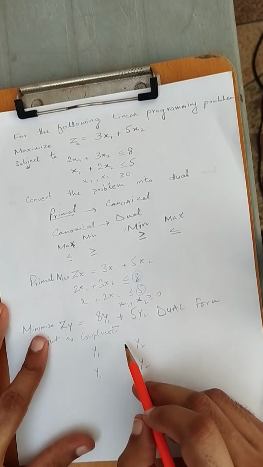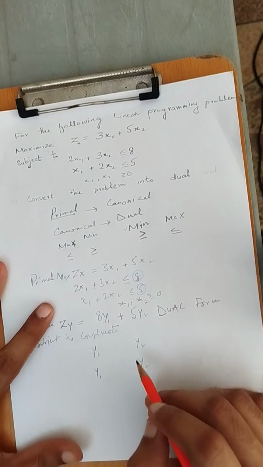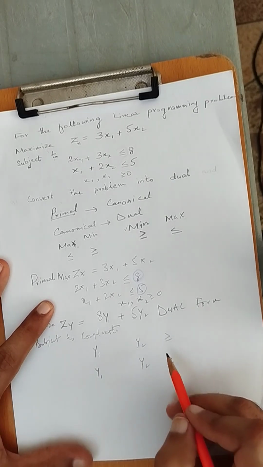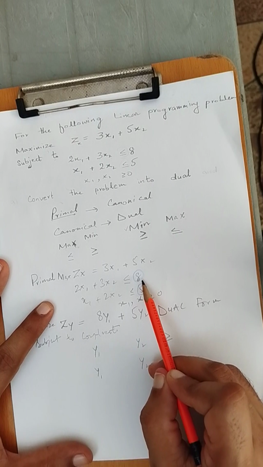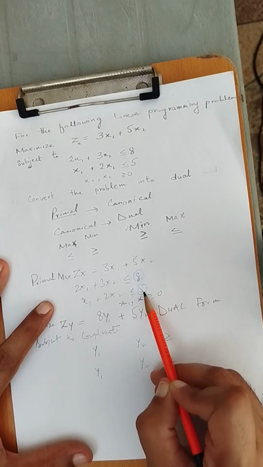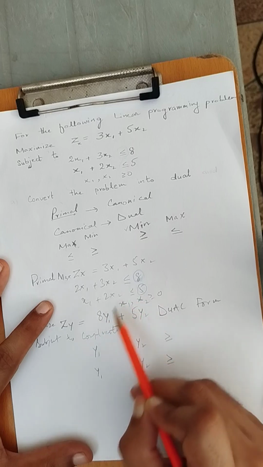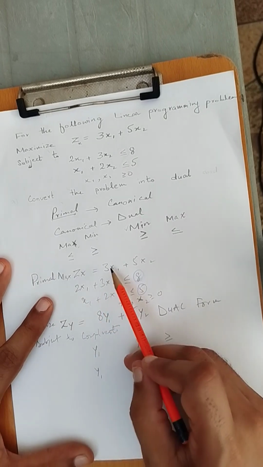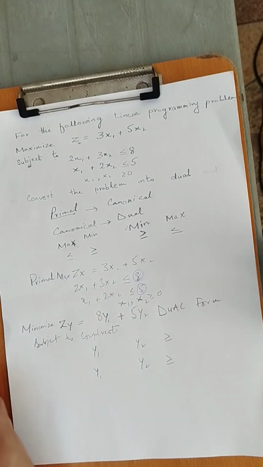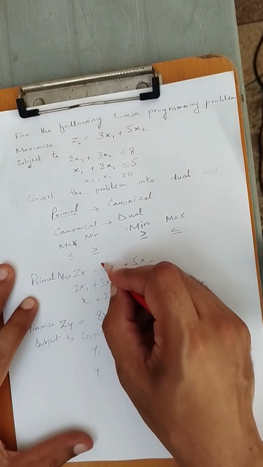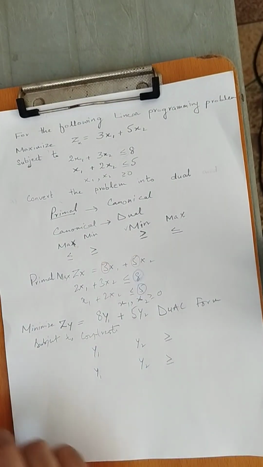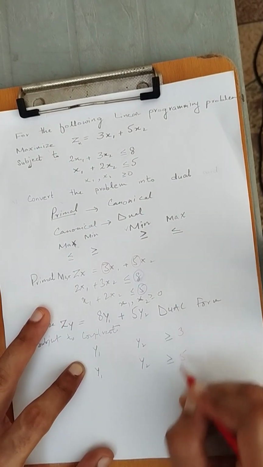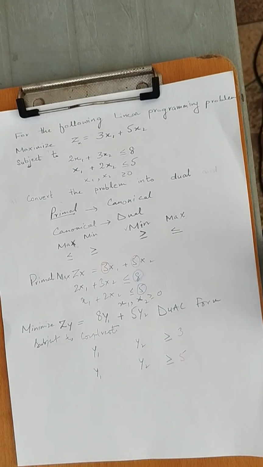Now it is the minimization function, so in minimization we use the greater than or equal to sign. Now we use the right hand side of the constraints of the primal as the cost function coefficients. The profit function coefficients must come here at the right hand side of the constraints.